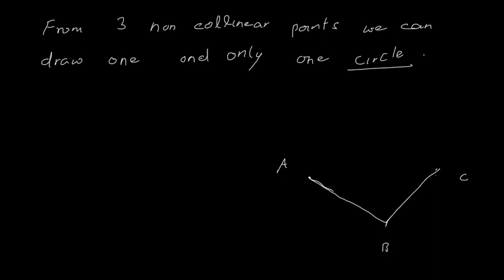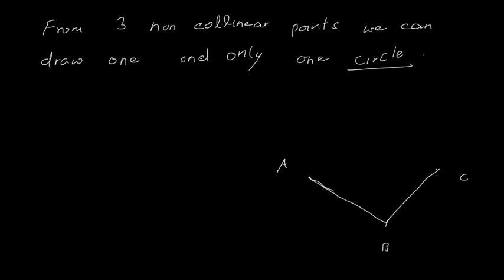Now from these 3 points I can draw one circle. We have to check that there is only one circle which can pass through these 3 points. So for that, first, what is the definition of a circle?